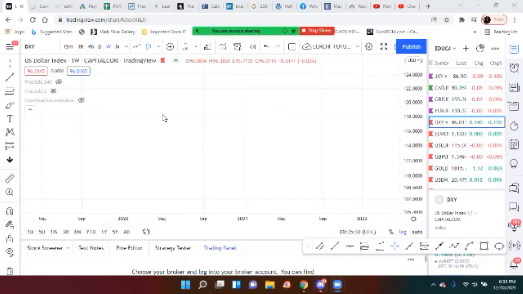But before we go over trading the dollar, I want to be transparent about my trading. I'm a swing high, swing low, break and retest trader. I'm not really concerned about what other traders are doing, like all the retail traders are doing this, so I'm gonna do the complete opposite.